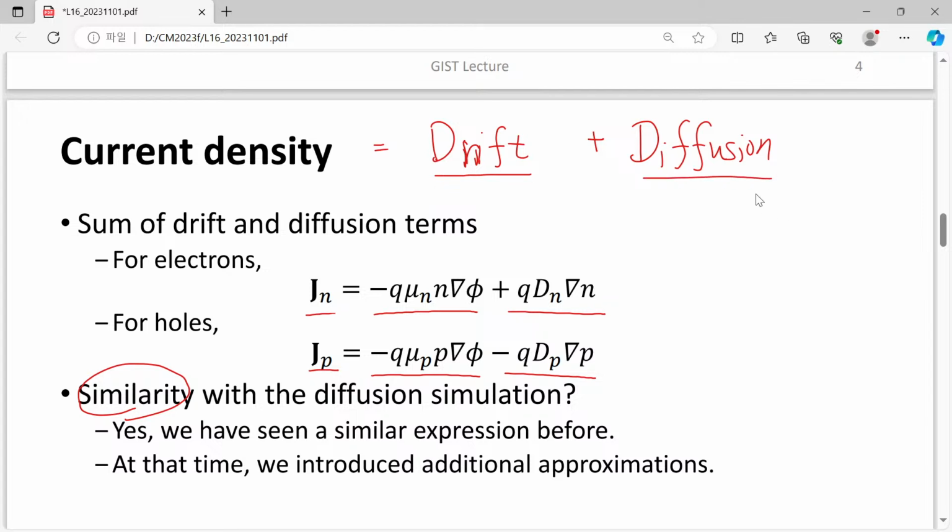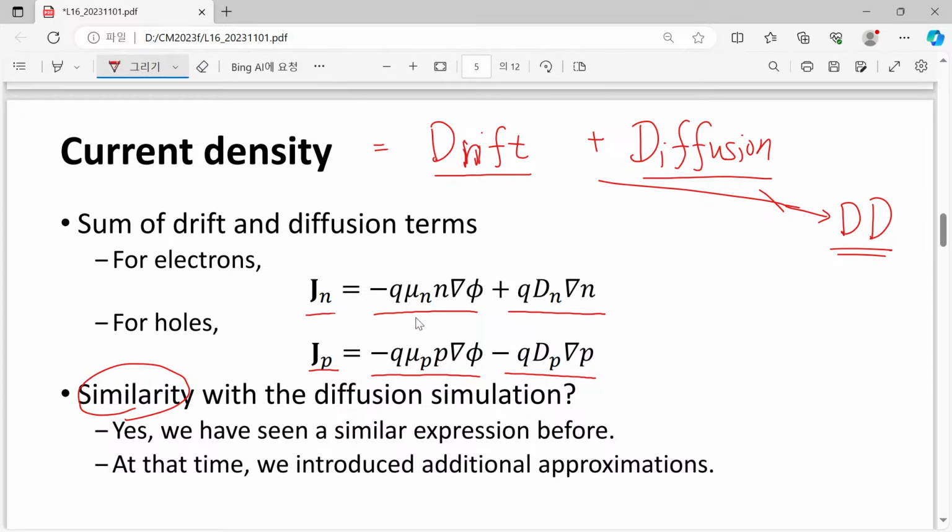In many cases it is simply shorthanded as drift diffusion (DD), which is quite popular terminology. So for electrons, we have drift and diffusion, and here we have drift and diffusion, and maybe you feel the similarity.